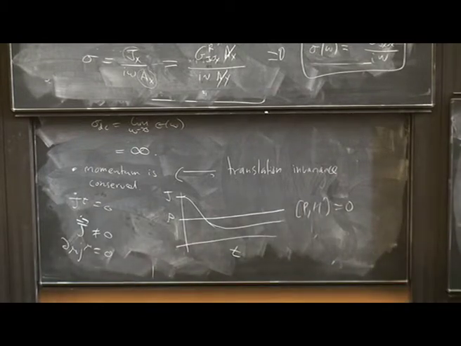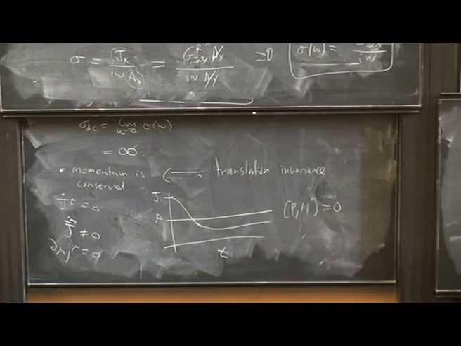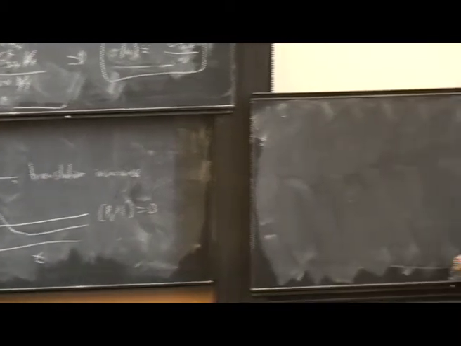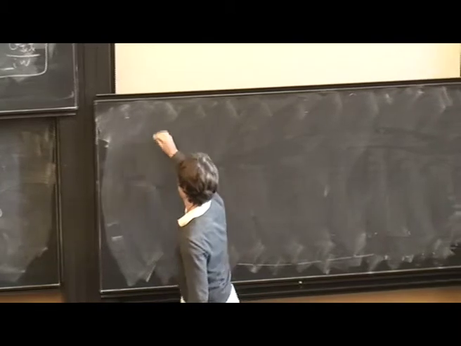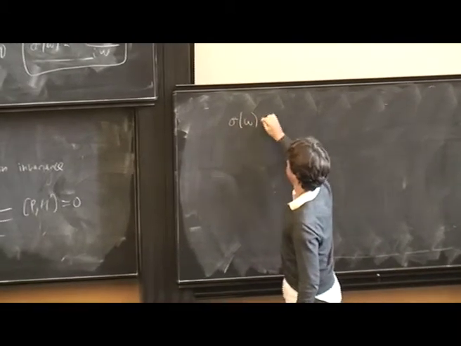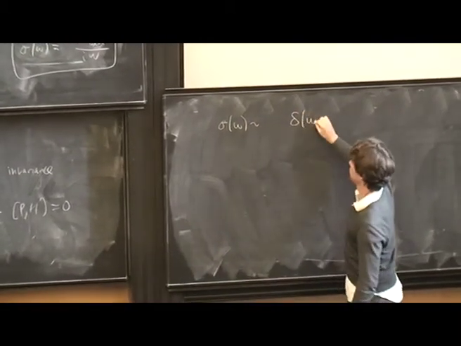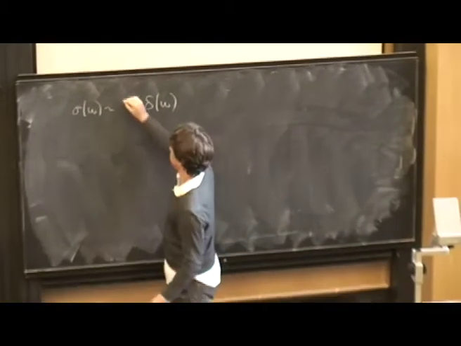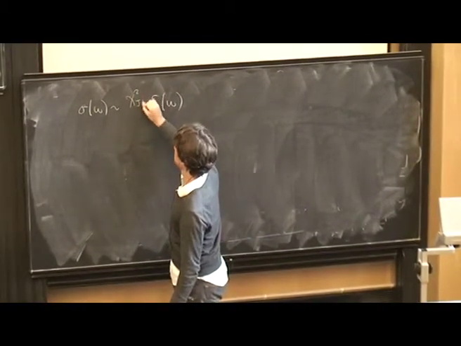So you can put some equations behind this picture, which I'm not going to do. But what you'll get is that the conductivity includes a term that's a delta function at omega, and the coefficient is a certain susceptibility.